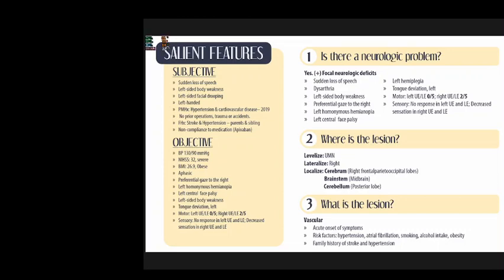So, of course, you have a left-sided deficit if you have a right hemisphere stroke, correct? Yes, Doc. Okay. So how about the tongue? The tongue is deviated towards the left side, you said, right? When the patient sticks out his tongue.